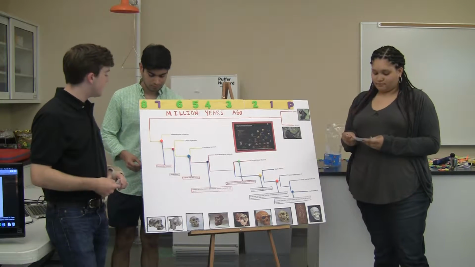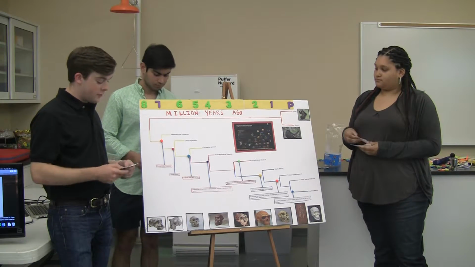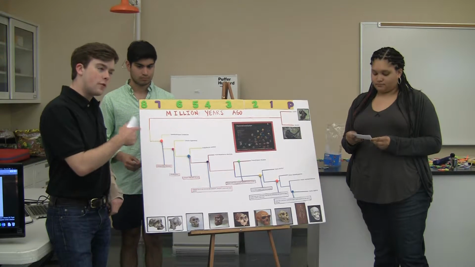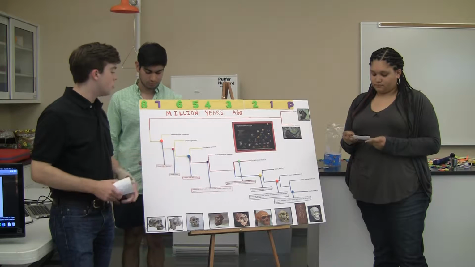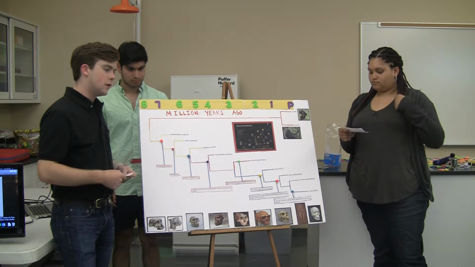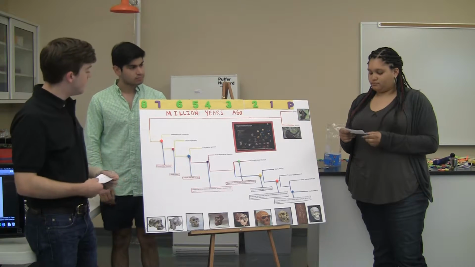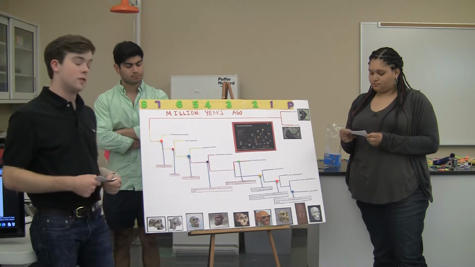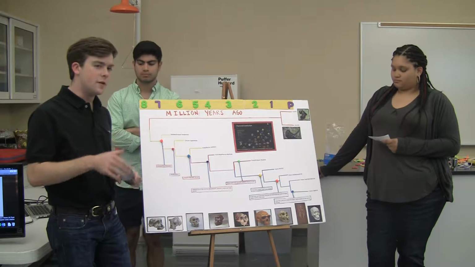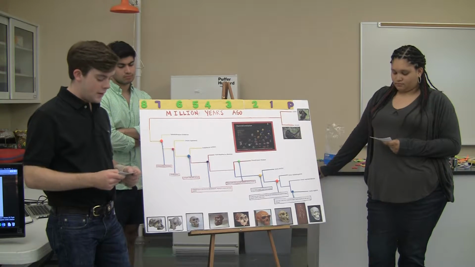So moving on to the next species in the line, Orrorin tugenensis. While Sahelanthropus was over more in central western Africa, these other guys are more over in eastern Africa: Kenya, Ethiopia, Tanzania. Orrorin had a lot of similarities to Sahelanthropus tchadensis in terms of relative size. It was only slightly larger.